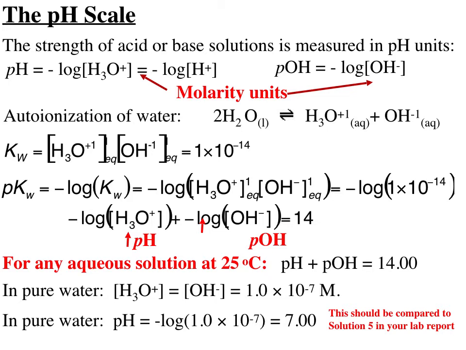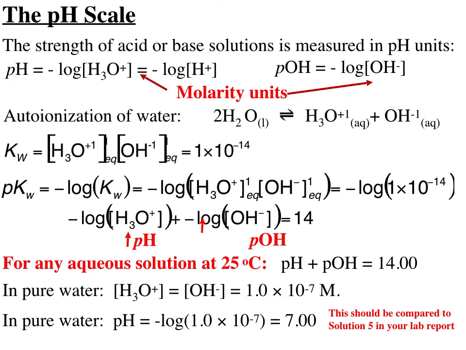So more typically than not, we are concerned with the pH of a solution compared to the pOH. A neutral solution has a pH of 7, an acidic solution has a pH lower than 7, and a basic solution has a pH above 7.